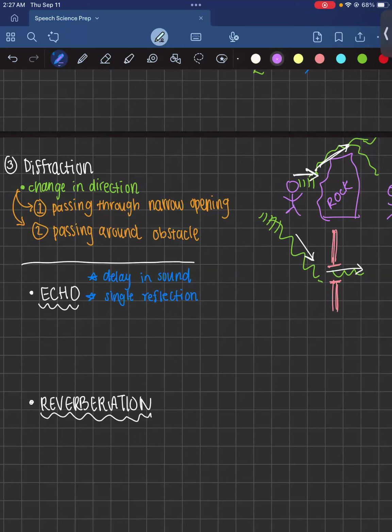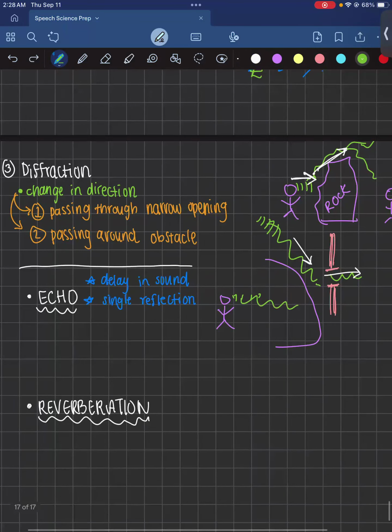So, for example, if I'm standing in this cave, when I first speak, the sound is propagating in this direction, and then it bounces off this wall and comes back towards me.